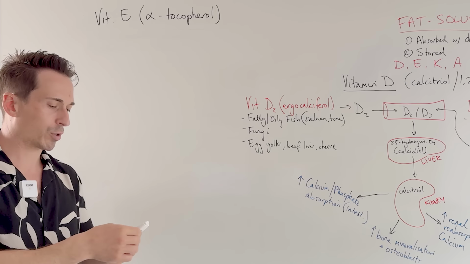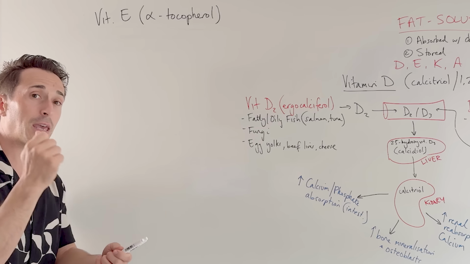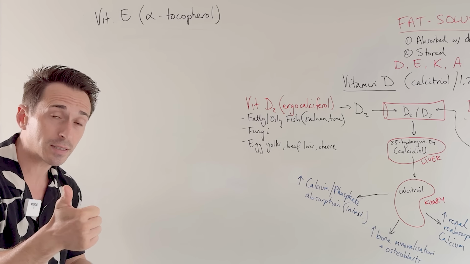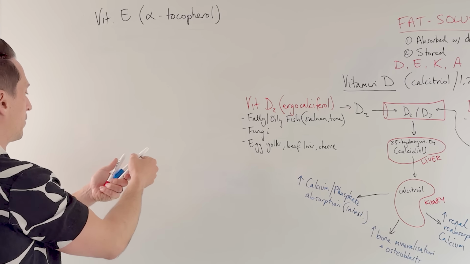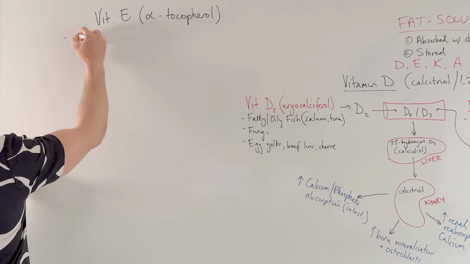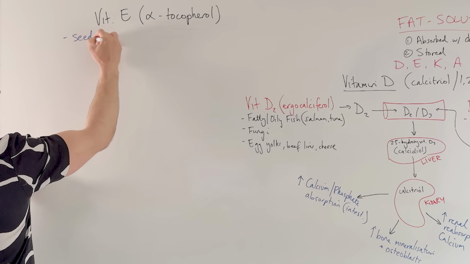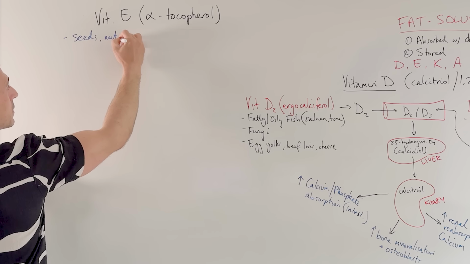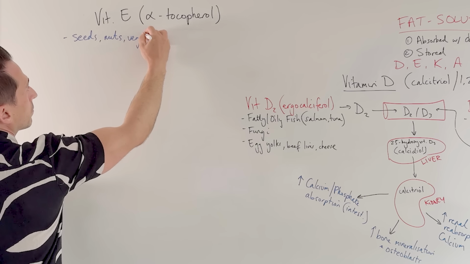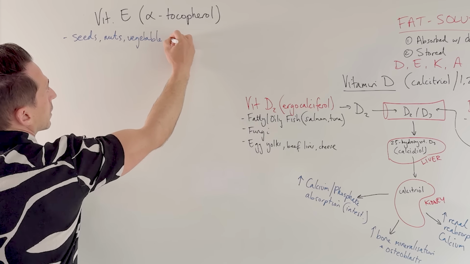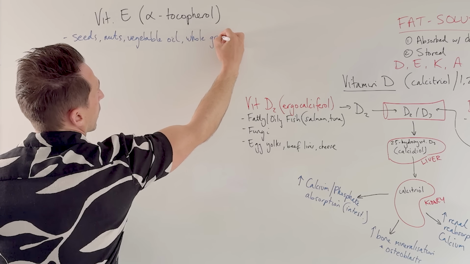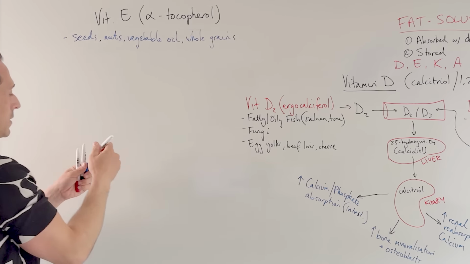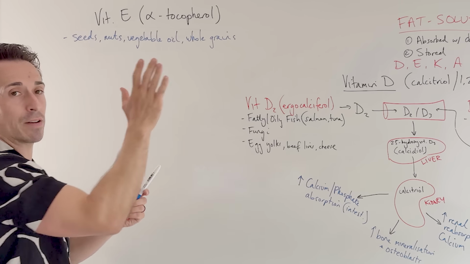So one important source here for alpha tocopherol are the whole grains, vegetable oils, seeds and nuts, right? So let's write this down. Seeds, nuts, vegetable oil, and whole grains. Whole grains. So these are the sources that we can obtain vitamin E.